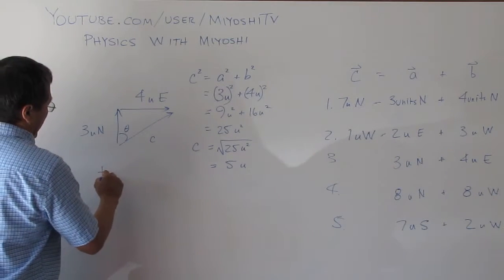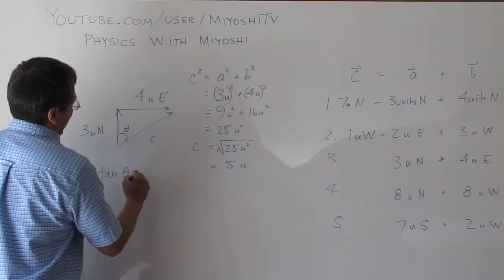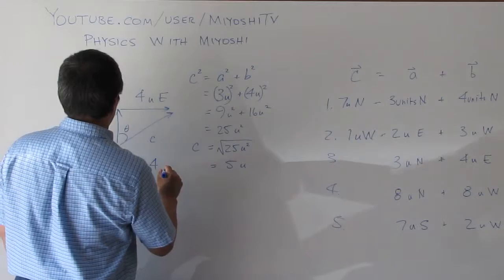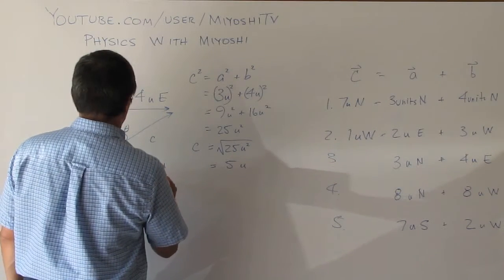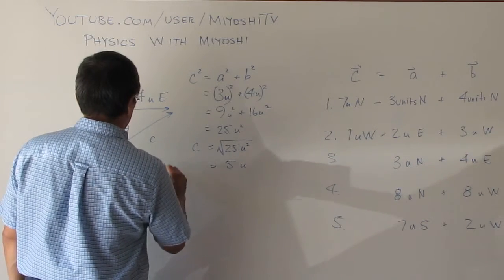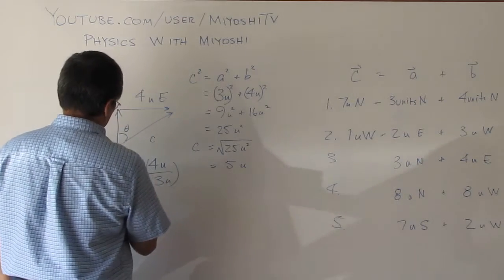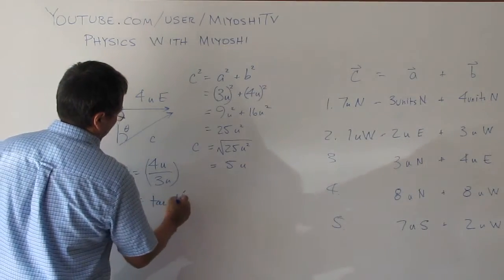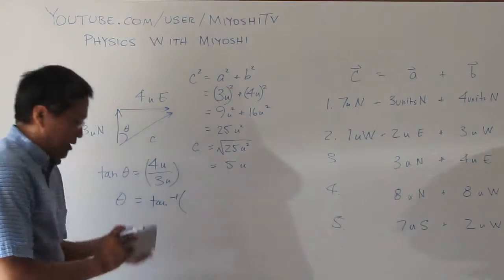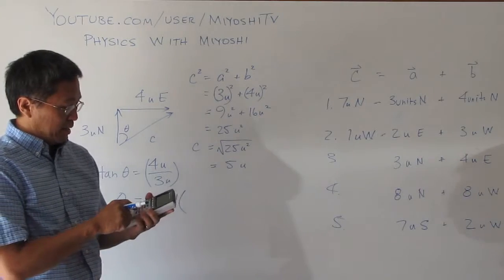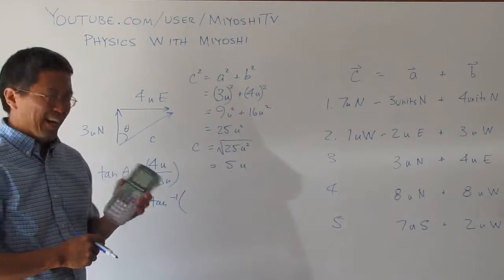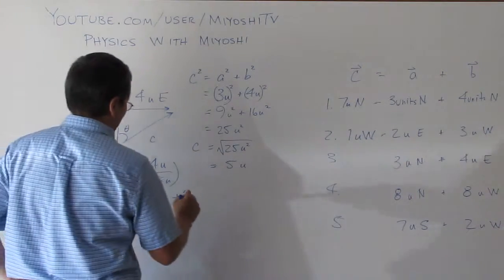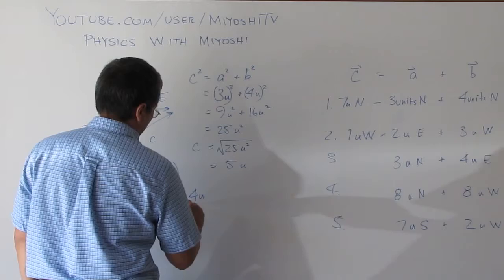Okay? Now to find the angle between there, this again has to do with tangent. So tangent of theta is 4 units divided by 3 units. So theta is tangent -1, or arctan, and you can see that on your calculator. If you go to your trusty calculator, you can see the tangent -1 button on your calculator. So tangent -1 of 4 units over 3 units.